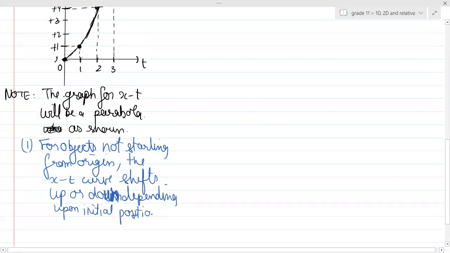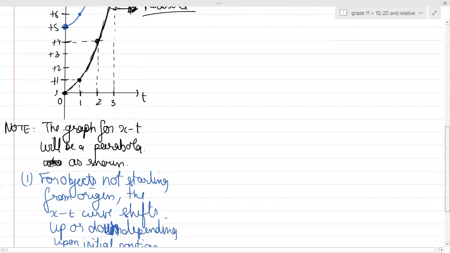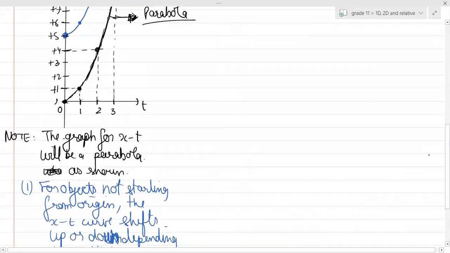You can write this thing now. Are you done with drawing the graph? Everyone done with drawing the graph? No, sir. Nice, sir.